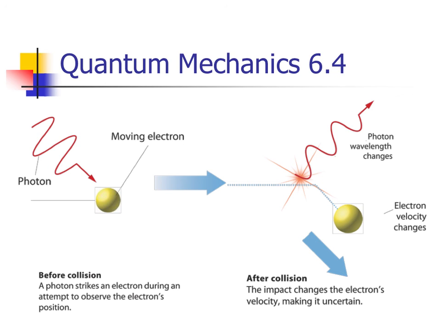That's essentially what Heisenberg's uncertainty theory does for us. It gives us this, what is going on kind of a thing. What is going on?